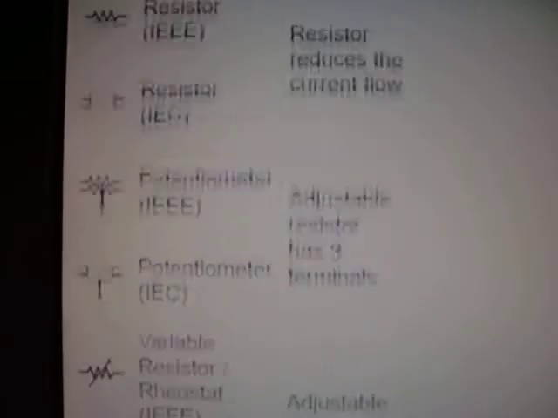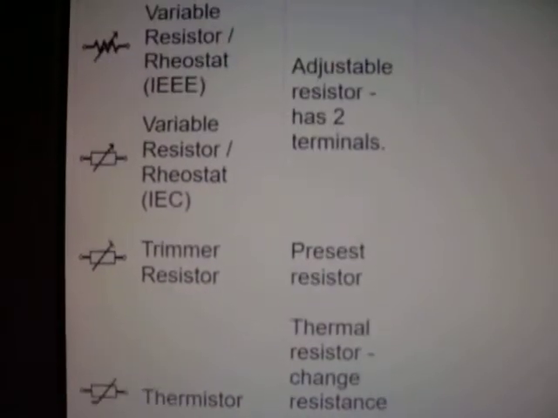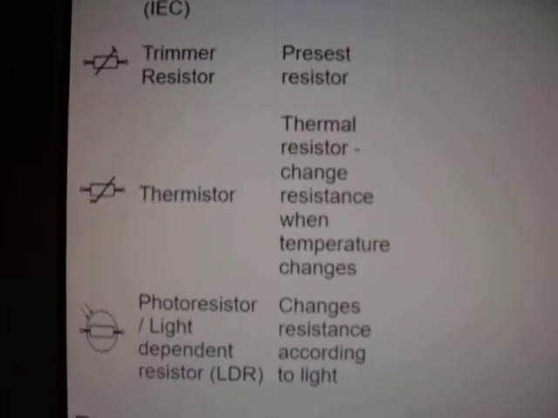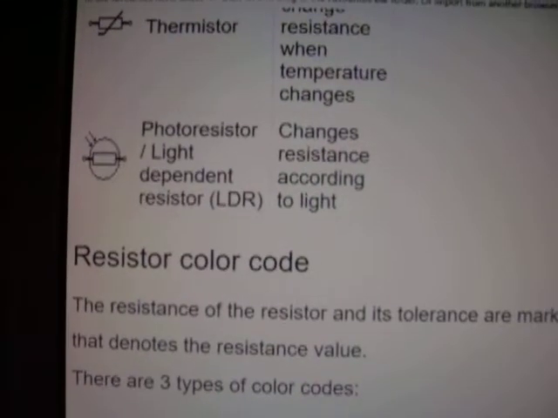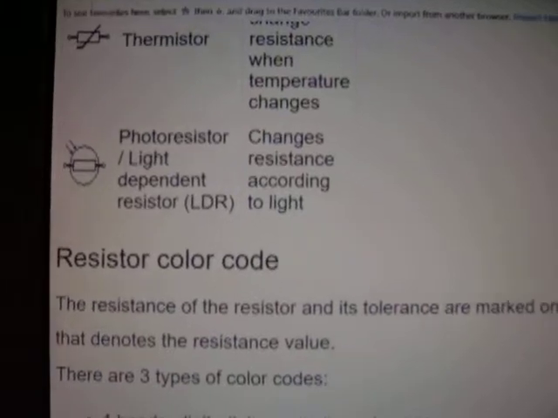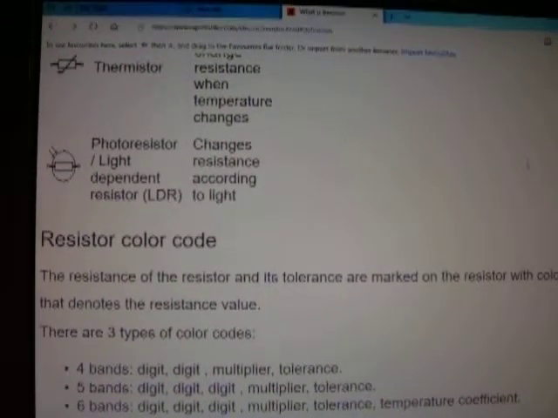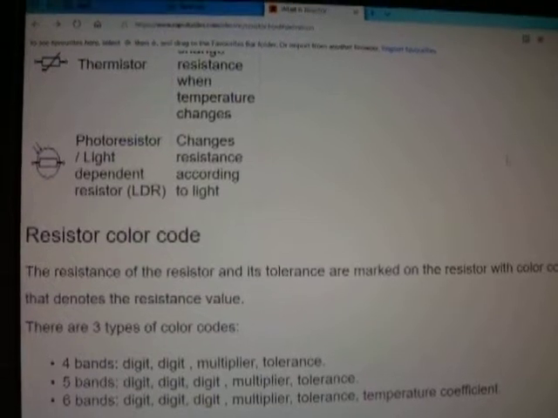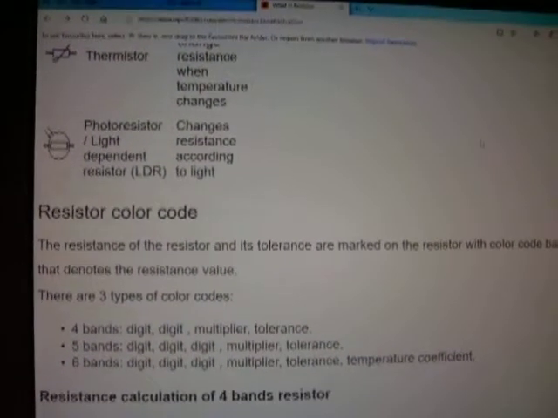Let me just go back to make sure we got it all in, okay? Now, with this color code, that takes a little bit of practice, but I'm not going to dwell on that too much. My main concern here was the calculation of resistors in series and parallel.